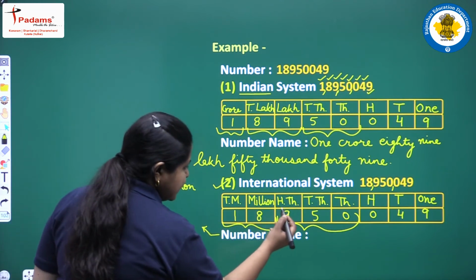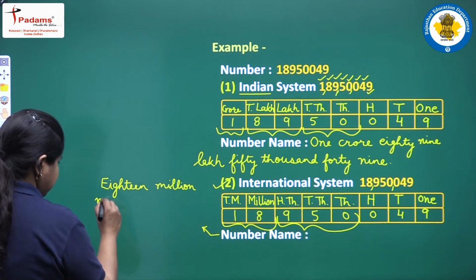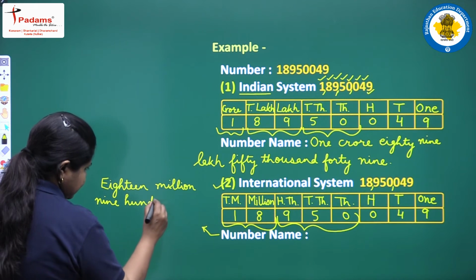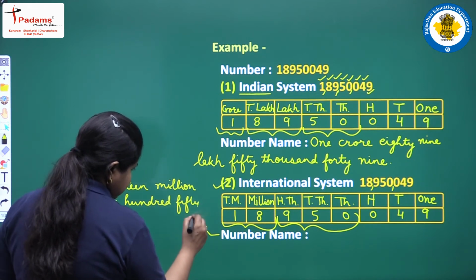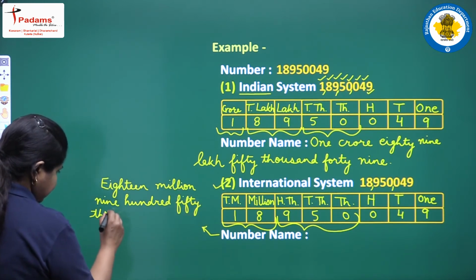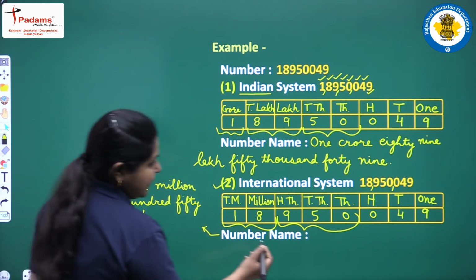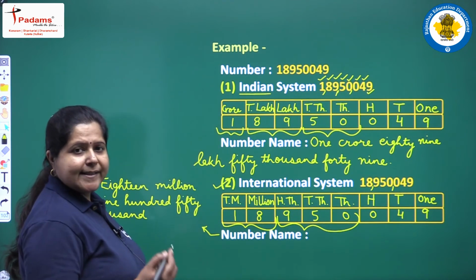Then we have 950,000. Then we have, there is 0 at hundreds place, so we can skip it.